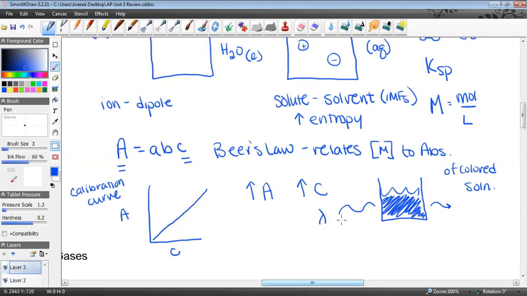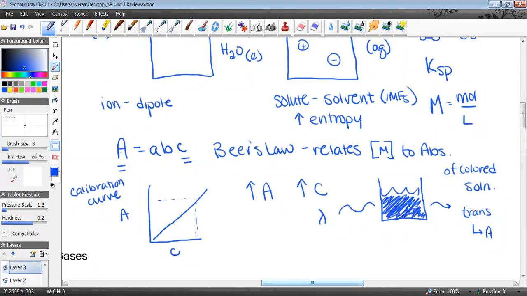So we just pass different wavelengths of light through the solution and measure transmittance. The machine automatically inverses the transmittance into an absorbance value, and from the absorbance value, we would be able to calculate what the concentration of that solution was. Remember we did it with that purple colored solution in the crystal violet lab?